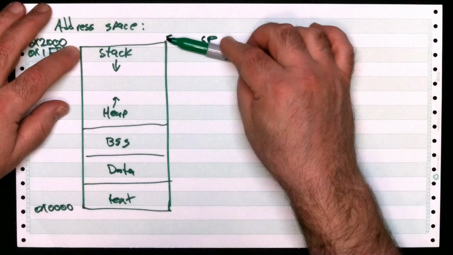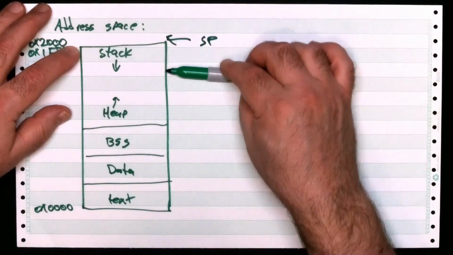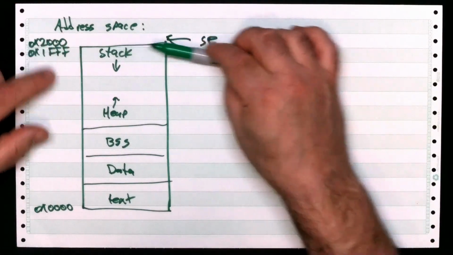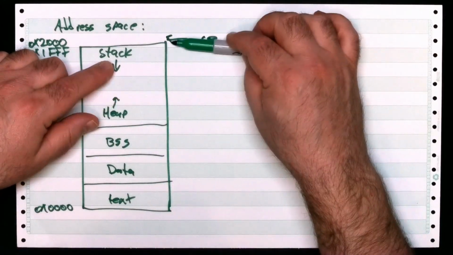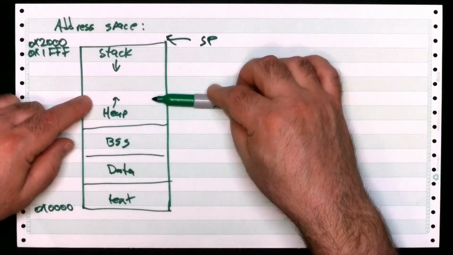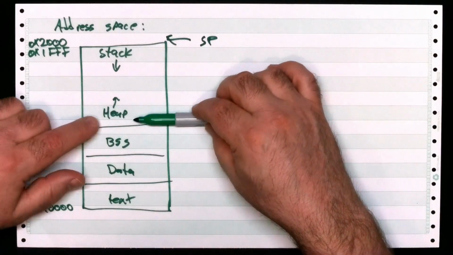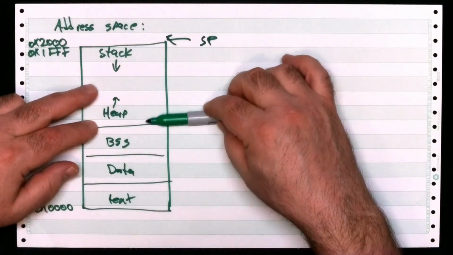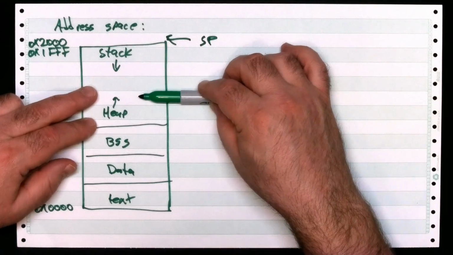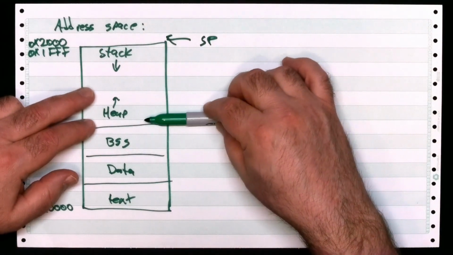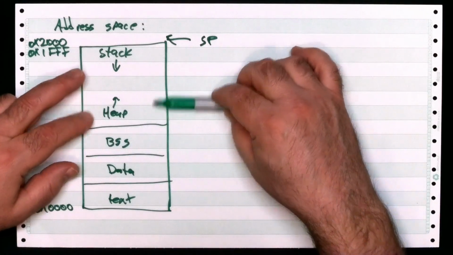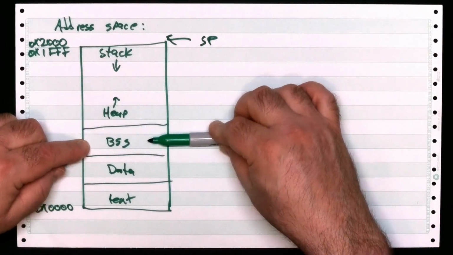So as things get pushed, the stack pointer will work its way down from its address down towards 0 as the stack grows in size. It'll then move back up when it shrinks. The heap also needs to be initialized, and as we know, it'll grow upwards as more and more memory is required by the program to create objects using new and delete if it's C++, or malloc and free if it is written in C. The BSS needs to be zeroed out.